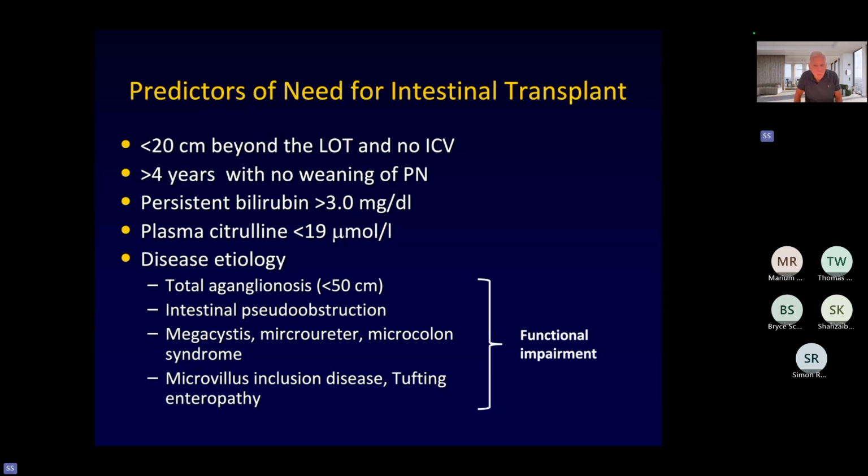And again, what's the disease etiology? As I alluded to in an earlier slide, those patients who have a priori a non-functional bowel are those that are likely to need intestinal transplantation. Those with total aganglionosis, pseudoobstruction, megacystis, microureter, microcolon syndrome, MVI, and tufting enteropathy.